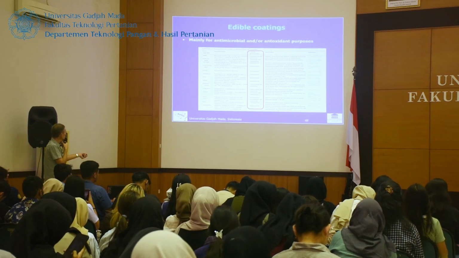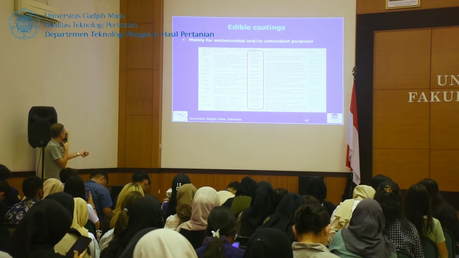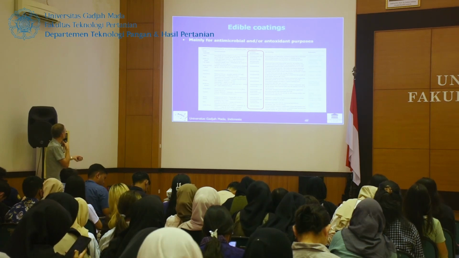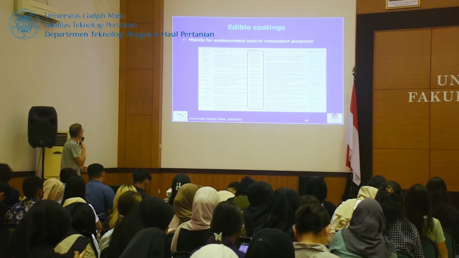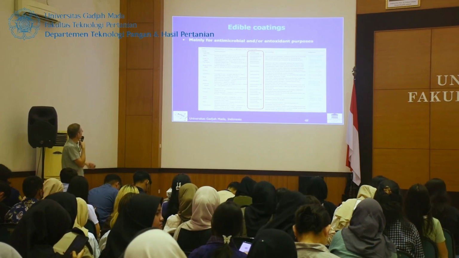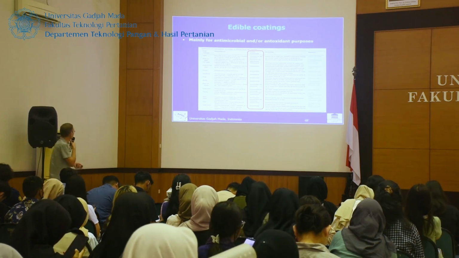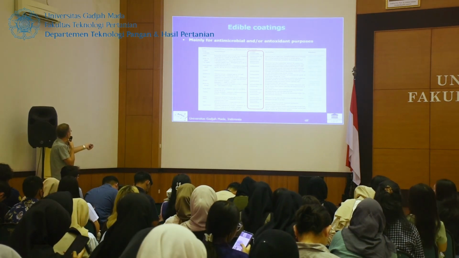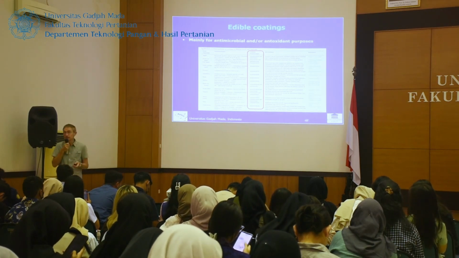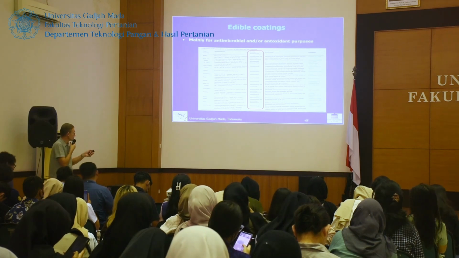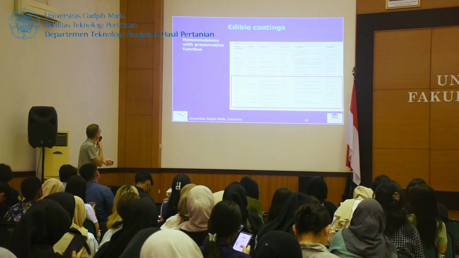A surfactant is always needed, for instance Tween 20, 60, 80 mentioned here, to make your emulsion. And here you see the reported advantages, the application on different types of fruits or vegetables. So these kinds of applications have been described, and there are quite some well-known examples of that kind of edible coating technology.